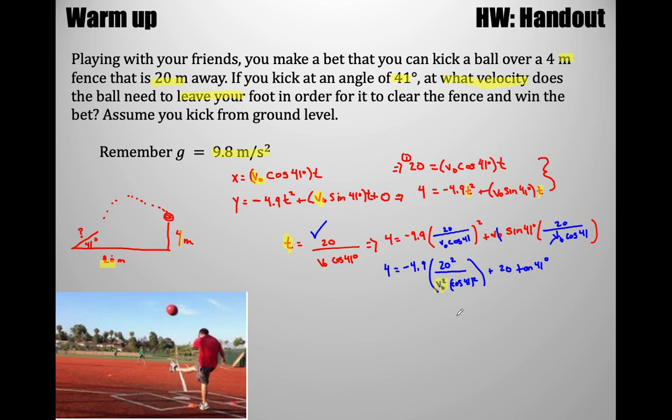So how about first I subtract 20 tangent of 41 from both sides. I did that on my calculator. Make sure you're in degrees. And I got negative 13.4-ish.